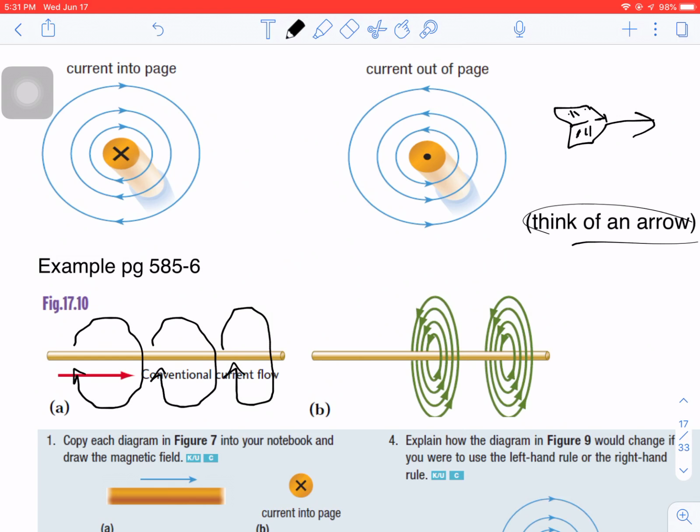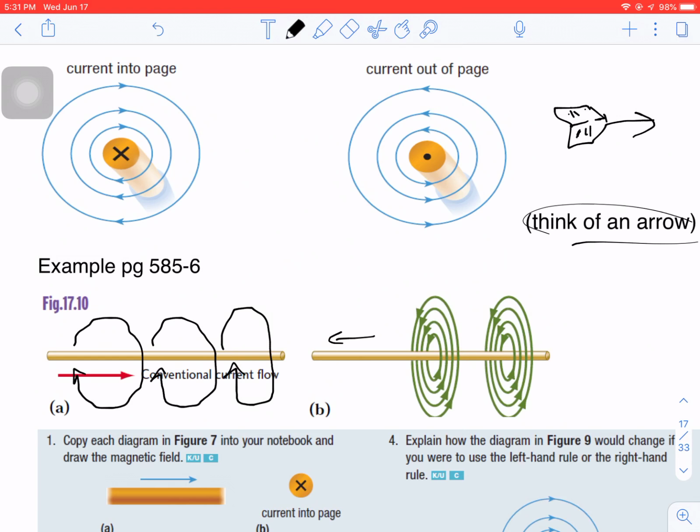If I look at the B example there, I can see the direction for the field. So that's the direction my fingers need to move. My fingers now are going to move over top of the wire, right hand, over top of the wire, and notice which way my thumb is pointing? My thumb is pointing to the left. So what that's telling me is that the conventional flow in the B wire is to the left.